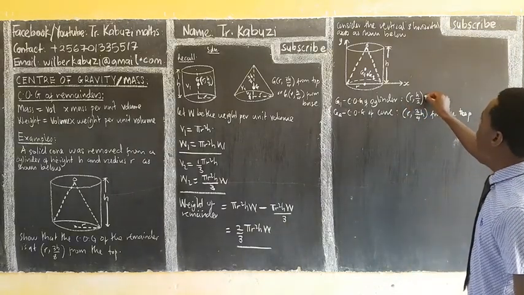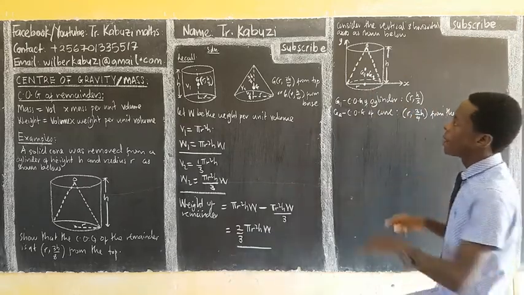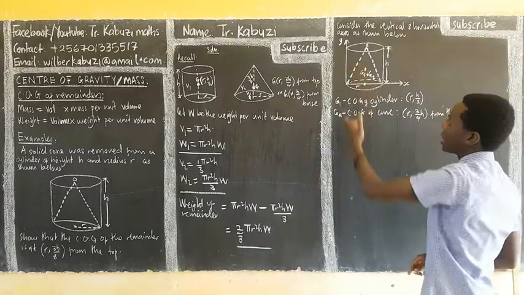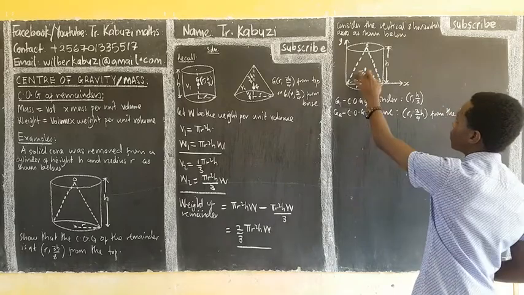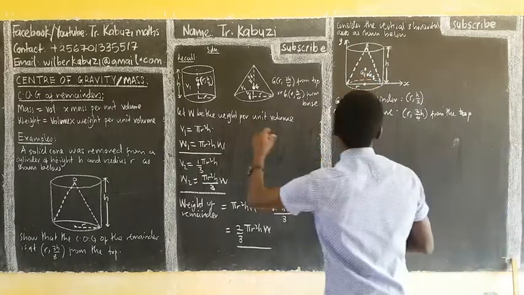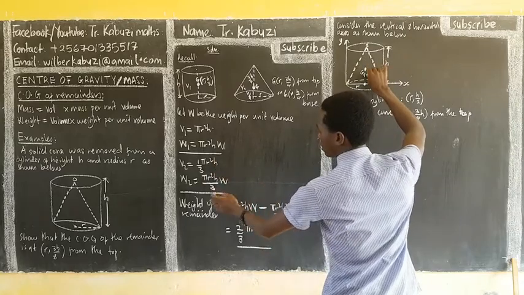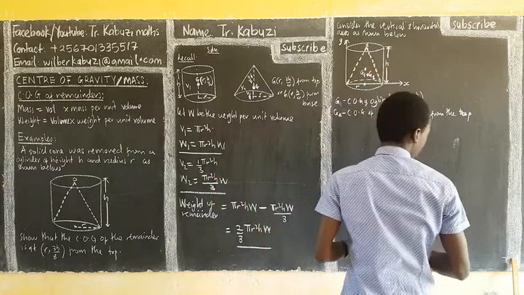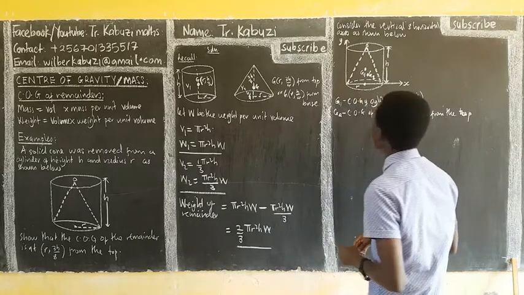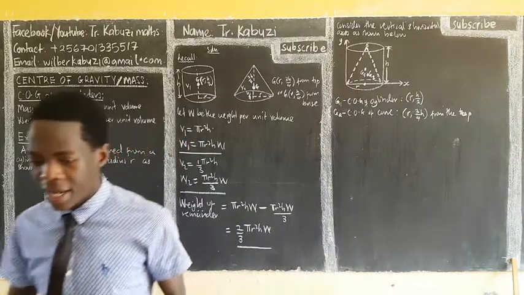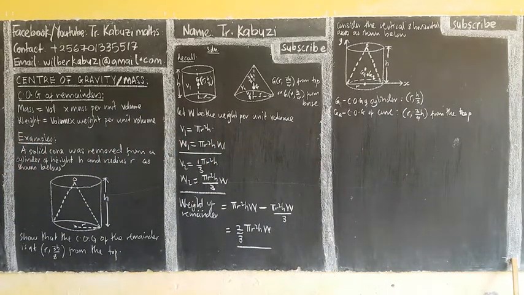Remember, the weight is going to act on the center of gravity. So this weight is going to act here, and this weight is going to act there. Let me draw it properly.